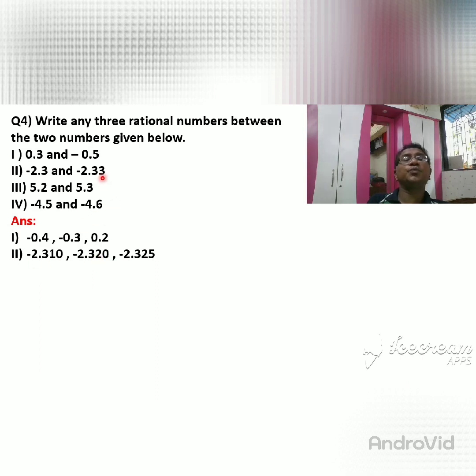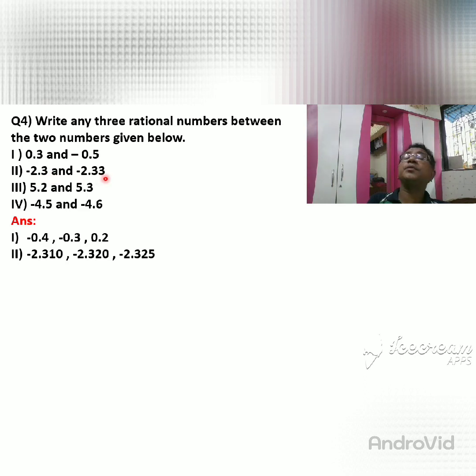That is -2.33. There is a rule in mathematics: if the third digit is 5 or greater than 5, then 1 is added to the preceding number. So here -2.3 converts into -2.33, and you are right between these numbers.